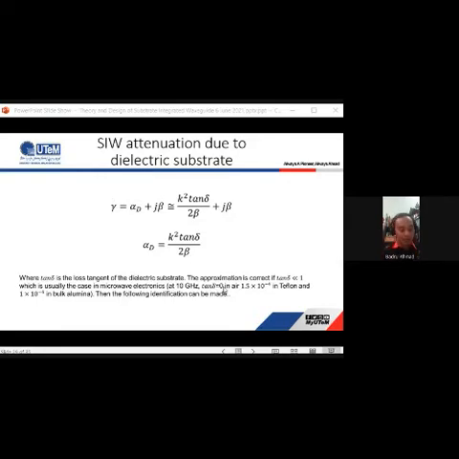So unlike the conduction losses, lambda d is not influenced by the substrate thickness. The only way to reduce lambda d is to choose a substrate with better dielectric properties: the lower the loss tangent, the lower the losses or attenuation. Okay, next.